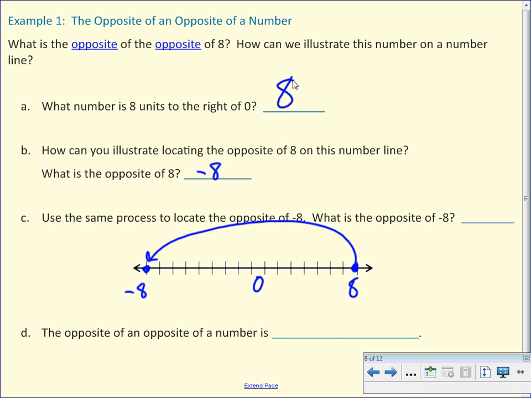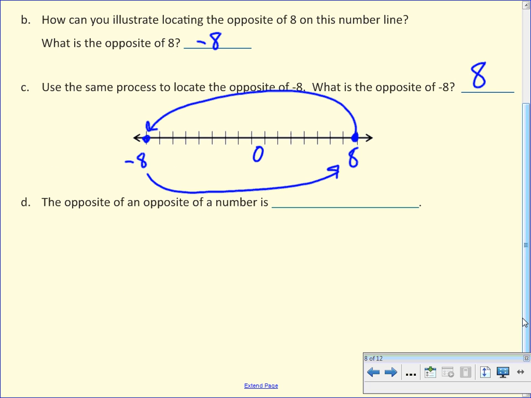All right. So now I have -8 as the opposite. So now I want to find the opposite of that. So what is the opposite of -8? +8. So what did we notice about the opposite of an opposite?